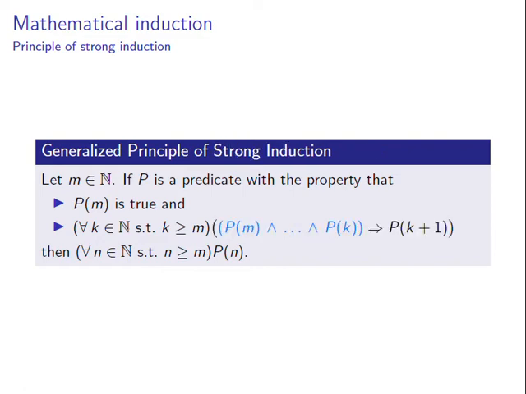In a similar manner, the generalized principle of strong induction extends the PSI to a statement whose conclusion is that a predicate P holds for all natural numbers greater than or equal to a natural number m. Its hypothesis is that P holds for m, and that for every natural number k, the condition that P holds for all natural numbers from m to k implies that P holds for the natural number k plus 1.